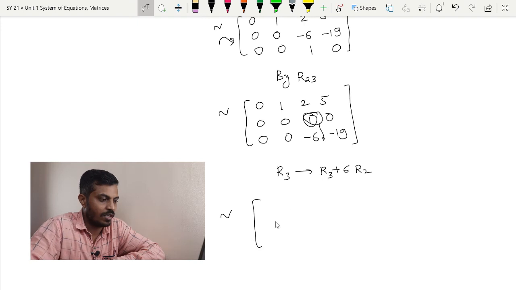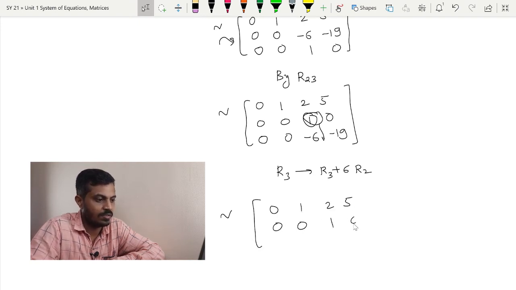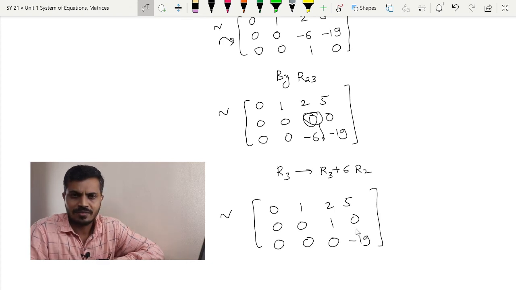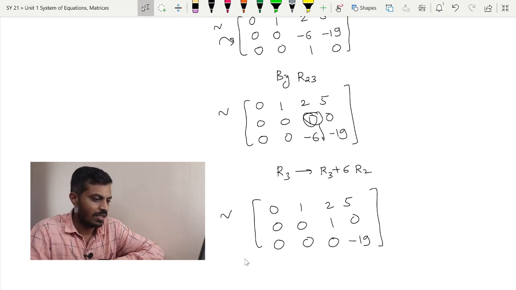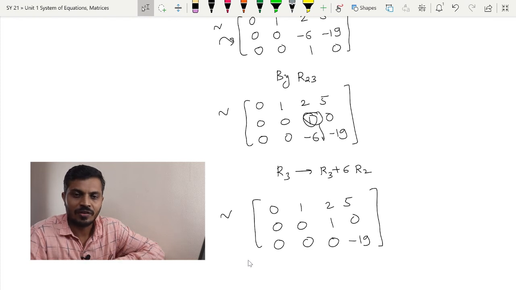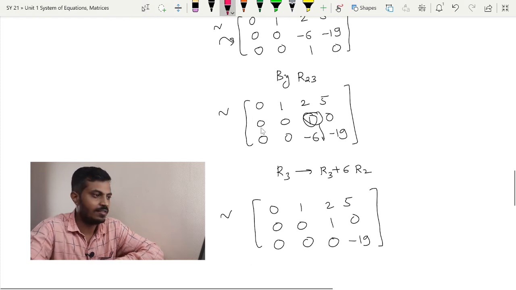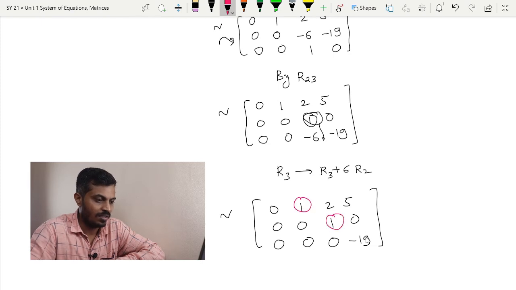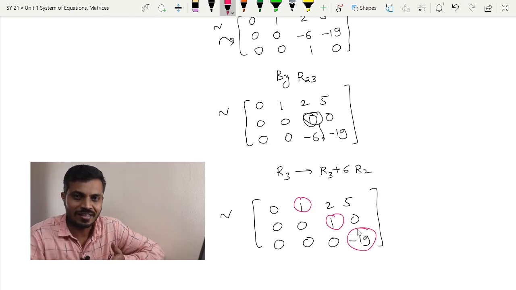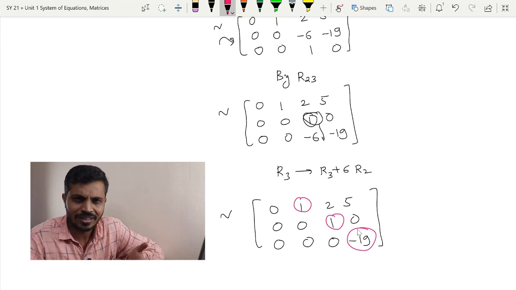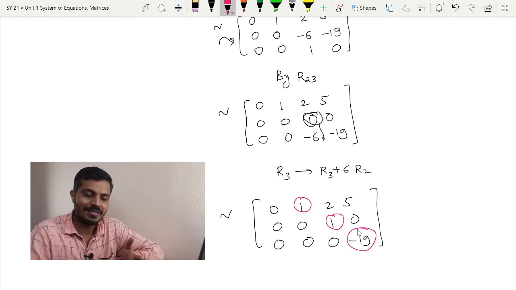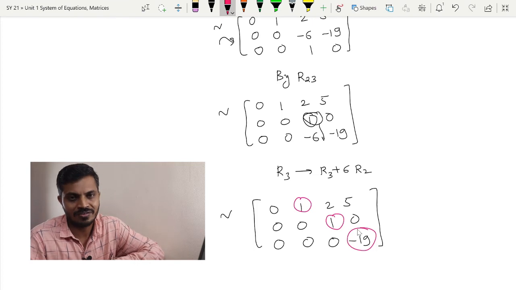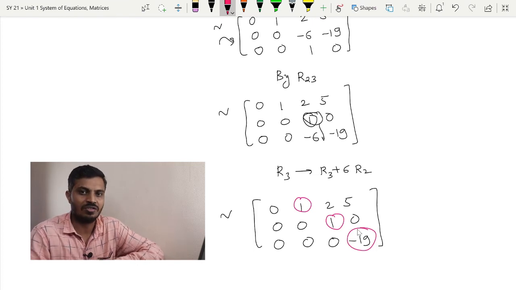So this will be equivalent to 0 1 2 5, 0 0 1 0, 0 0 0, and over here you will get minus 19. Now ask yourself whether all the conditions of echelon form are satisfied, and the answer is yes, because all the 0 rows are collected at the bottom. They are not there, so it is a good thing. And the leading coefficients also satisfy the second condition of echelon form.